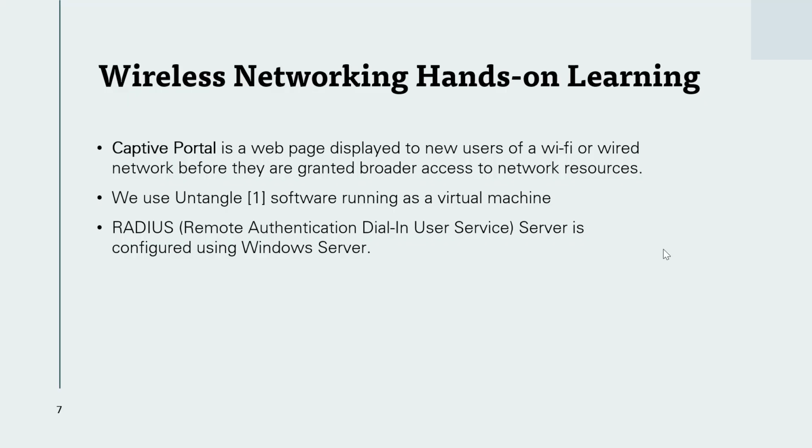Utango will be set up as a virtual machine, and for the remote authentication, we're using the Radius server. Usually, you can configure a Windows server as a Radius server for the backup database and remote authentication.